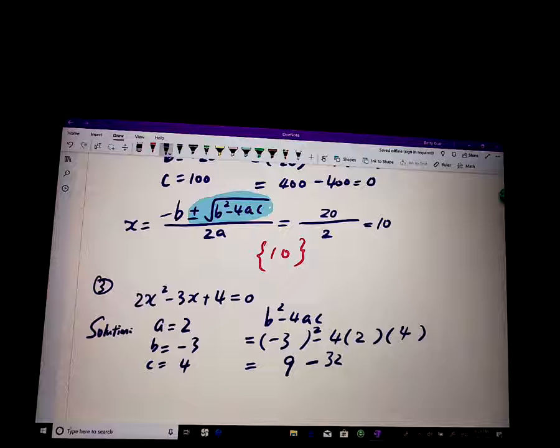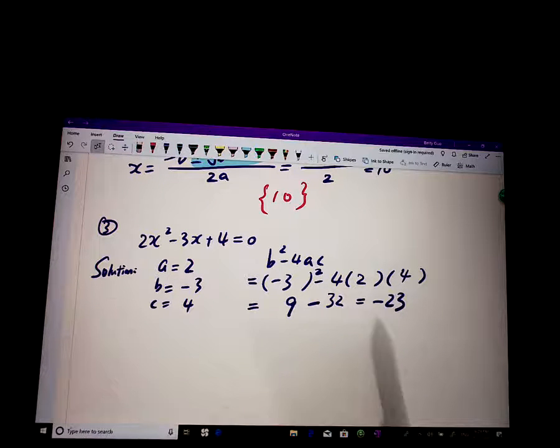Just get familiar with your calculator. And what do you have? 9 minus 32. What do you have? Positive or negative? Negative. In this case, the discriminant is negative 23.